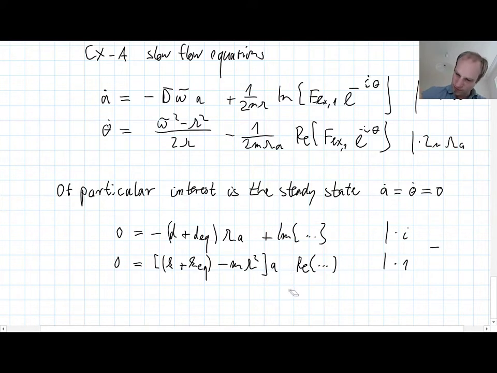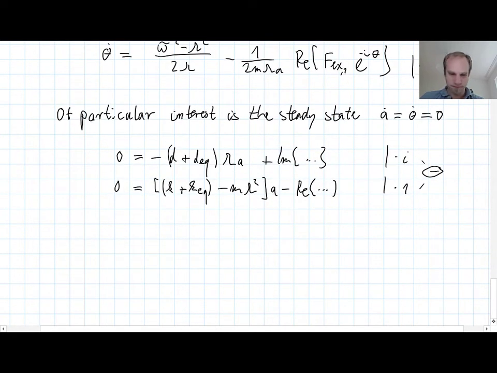Actually, wait a minute, I made a mistake here. This must be minus real part. So we subtract the two equations. Obviously what we want is that we have basically just the argument here of this real and imaginary part. If we have real part plus i times imaginary part, that's just the argument of these operators here. So with that we arrive at this here.